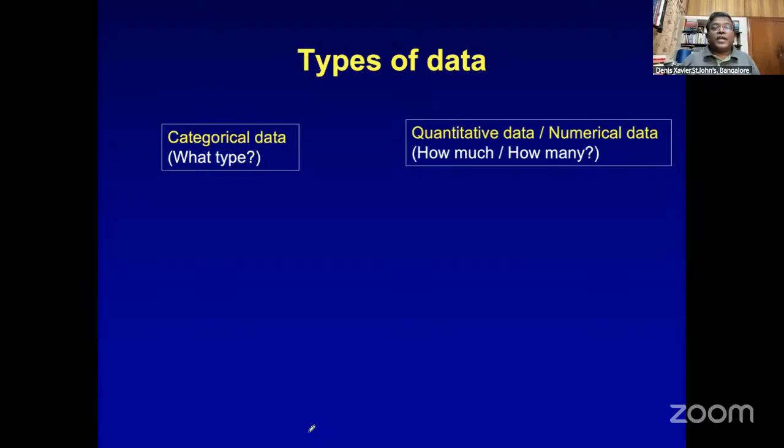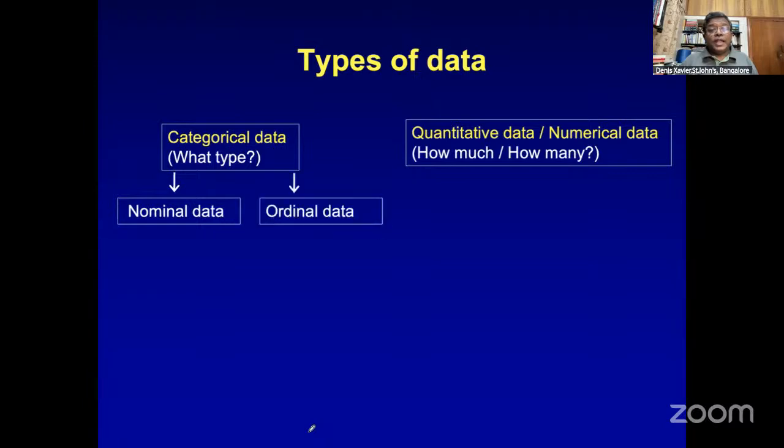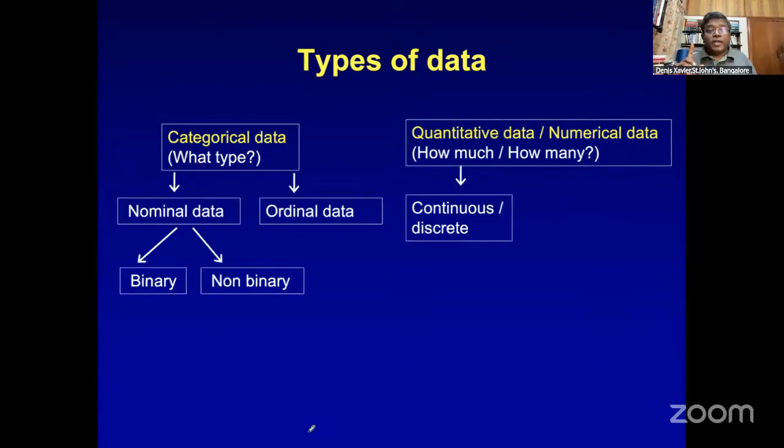So what types of data are there? Quantitative data is numbers, how many or how much. Categoric data, we have nominal data and ordinal data. Under nominal data, we have binary and non-binary. What is binary? Let's come back to binary later.